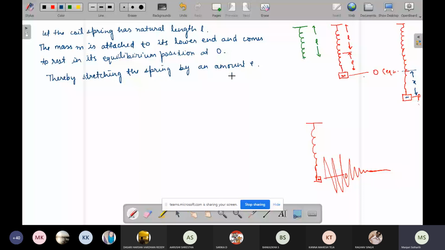Now, in the equilibrium position, there will be two forces acting.